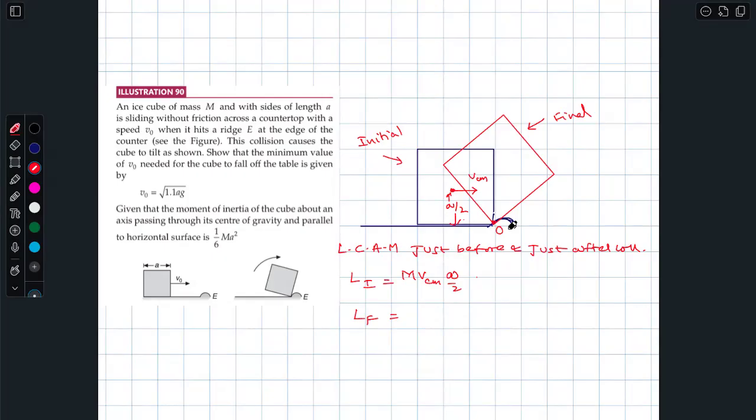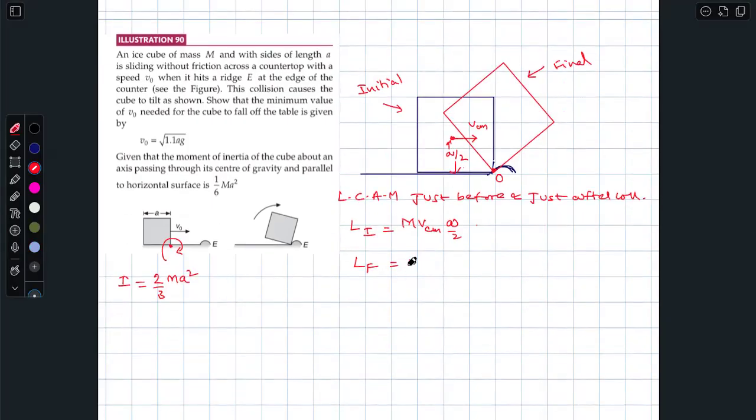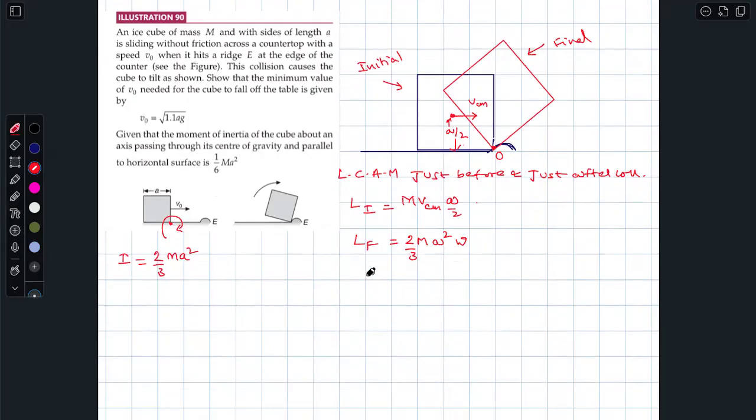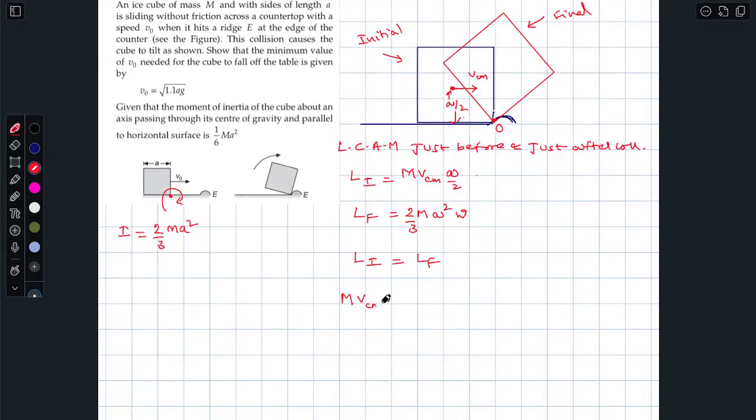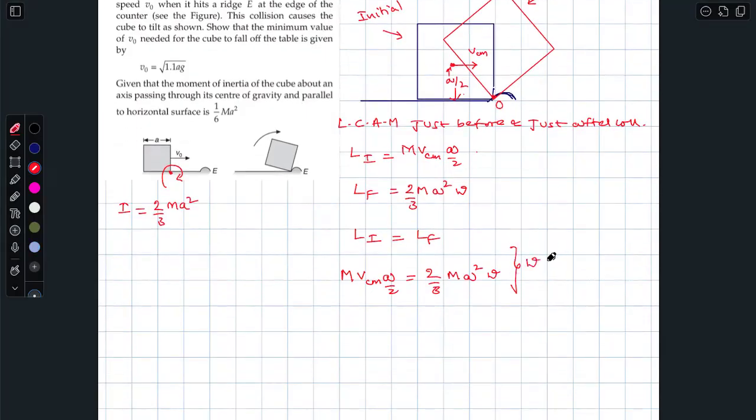When this is a pure rotation about O, I know the moment of inertia about this is 2 by 3 MA square, times omega. Omega is equal to 3 by 4 VCM by A.